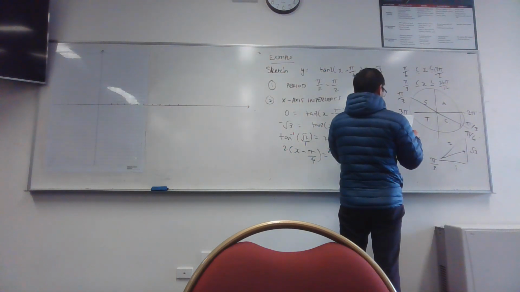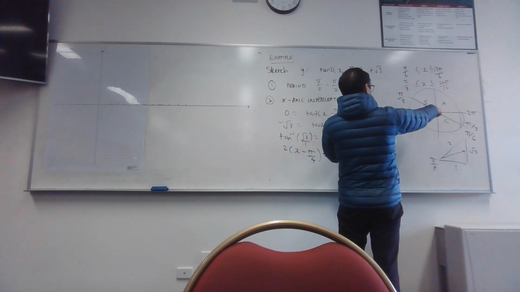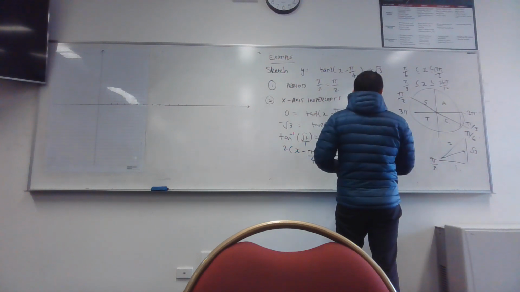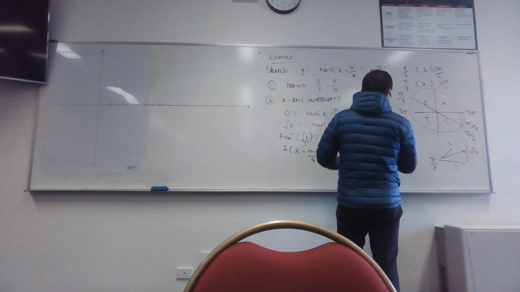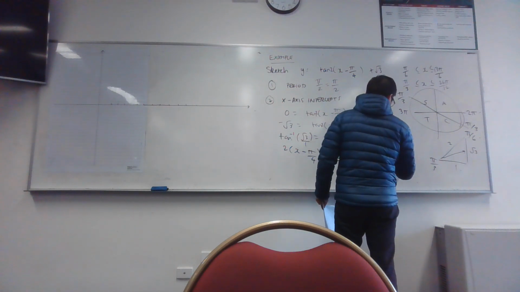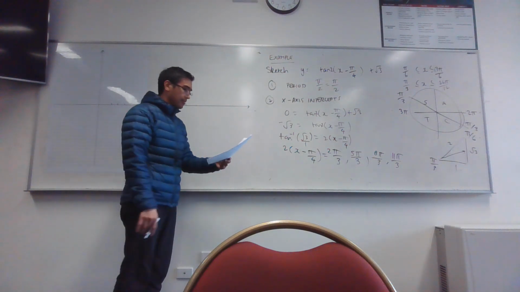Sorry, I'm losing you guys today. 2 pi on 3. I'm losing it. It'll be 8 pi on 3. My bad, 8 pi on 3. And the next one is 11 pi on 3. Sorry, I'm losing my focus.